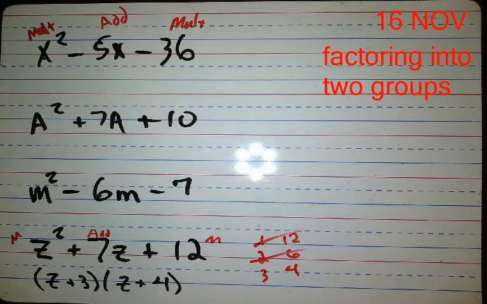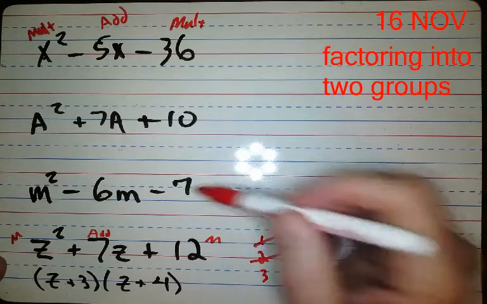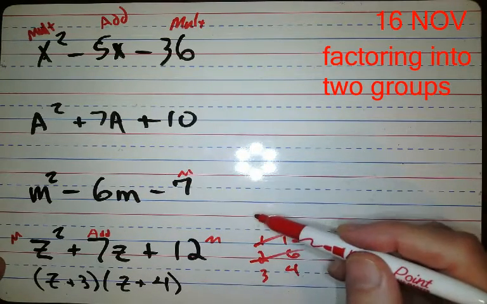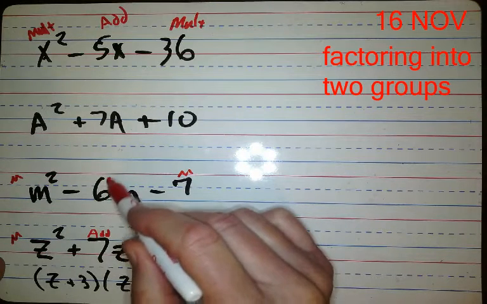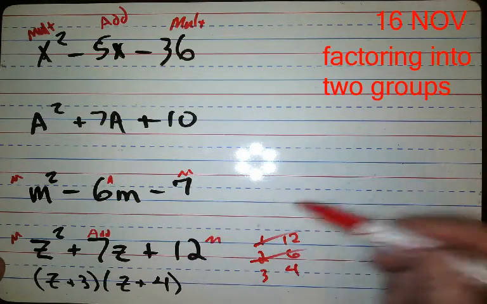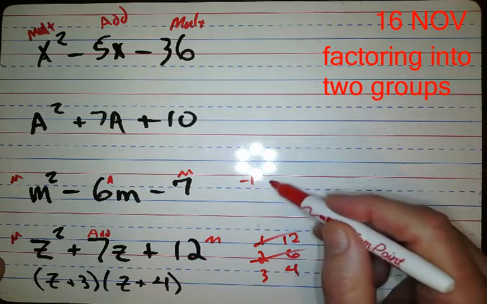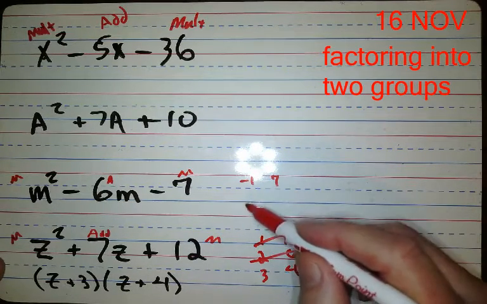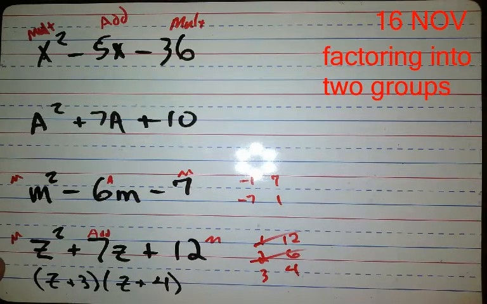Now let's look at m squared minus 6m minus 7. Negative 7 has to multiply to be negative 7. Right? Multiply to be this and add up to be this. That's what we want. Right? So multiply to be negative 7. Well, there's two ways to do that. Negative 1 times positive 7, or negative 7 times positive 1.